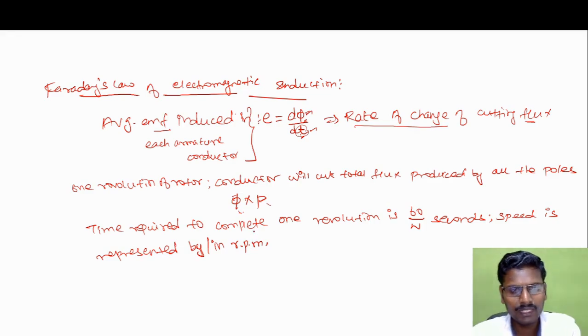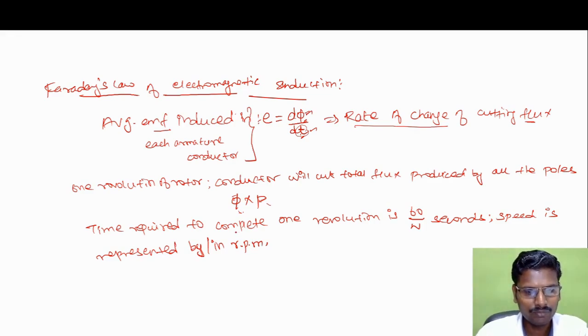So to complete one complete revolution, the rotor takes 60 by N seconds. This is the time period, and for one revolution of the rotor, the product phi into P will be the total flux produced by all the poles. Now we are going to write these two terms.